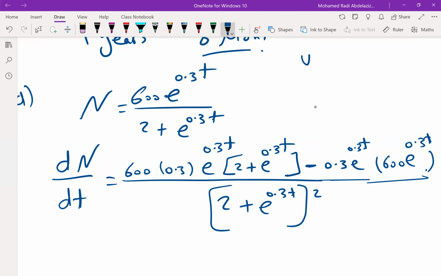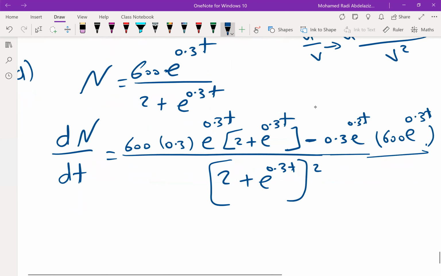I used the quotient rule, when we have division of u over v: u dash times v minus v dash times u, divided by v squared.